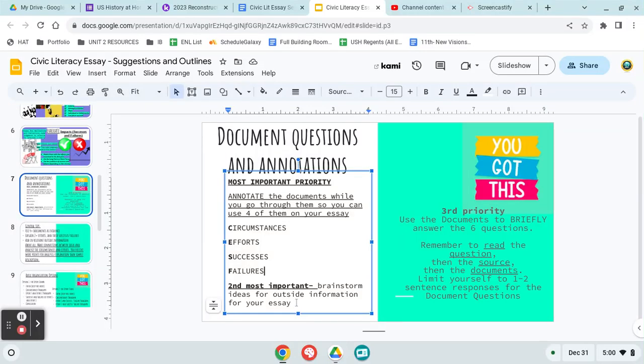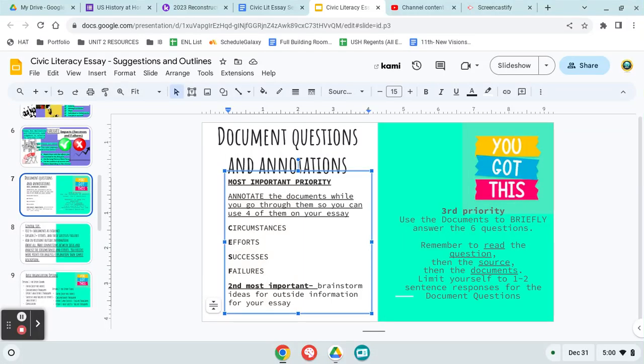Then, and we'll have a section on this in a minute, the second most important thing is not answering the question, but brainstorming ideas for outside information. Even if you don't use a document in your essay, if you come up with outside information, something related to Reconstruction, something related to the topic, that is something that you want to jot down really quickly, because that is going to be outside information that goes into your essay to make it more descriptive, to make it go from descriptive to analytical.